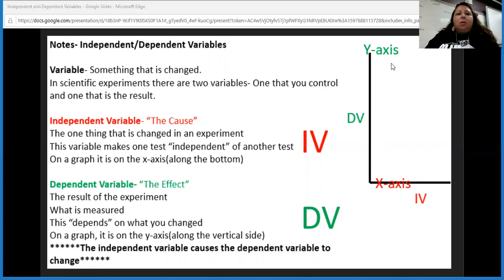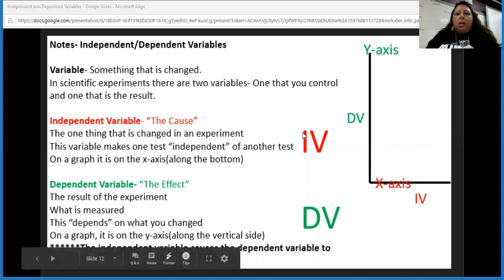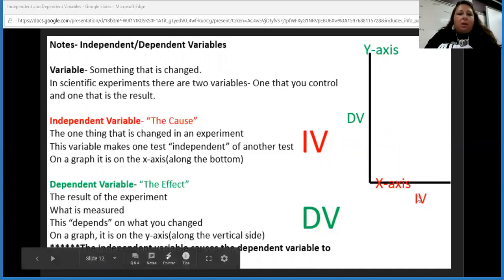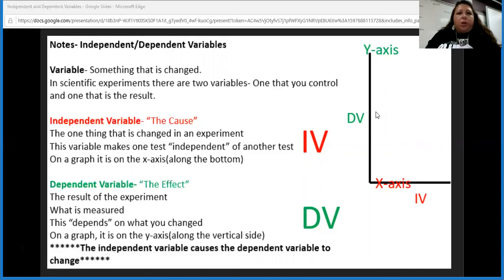So again, you're going to put the title up here, independent dependent variables, and then you're going to copy down your definitions here, and then underneath that, squeeze in your graph here. This would usually be plotted as a line graph or a bar graph, usually a line graph. You've got your dependent on your y-axis and your independent on your x-axis. So you're just going to copy all this down, draw this in your journal, and those are your notes for today.